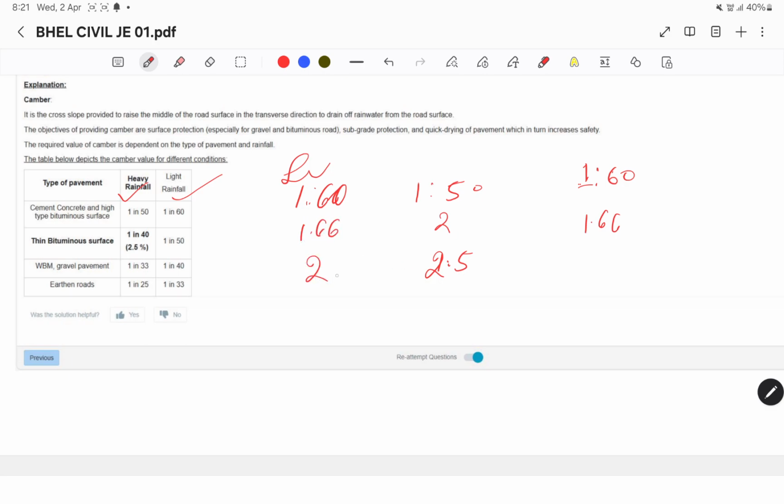2 से लेके 2.5, 2.5 से लेके 1.33, 3 से लेके 4.